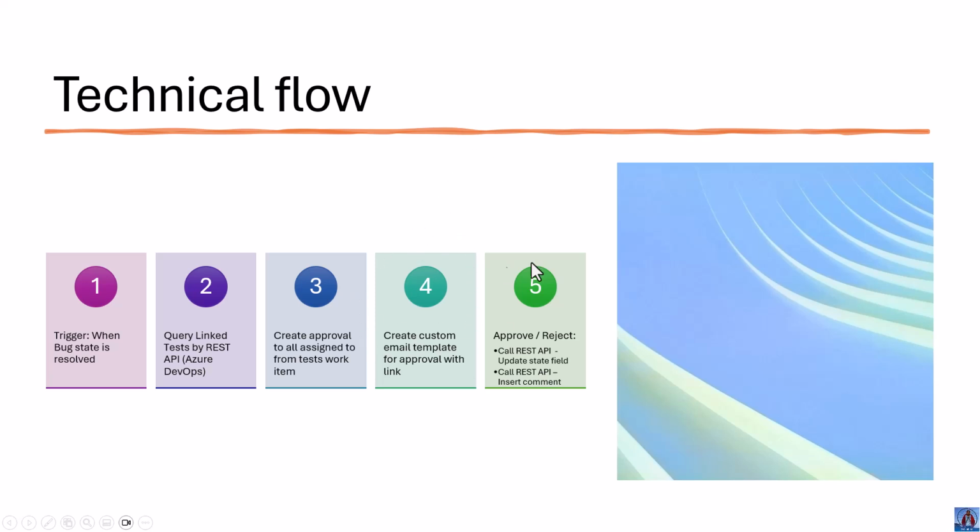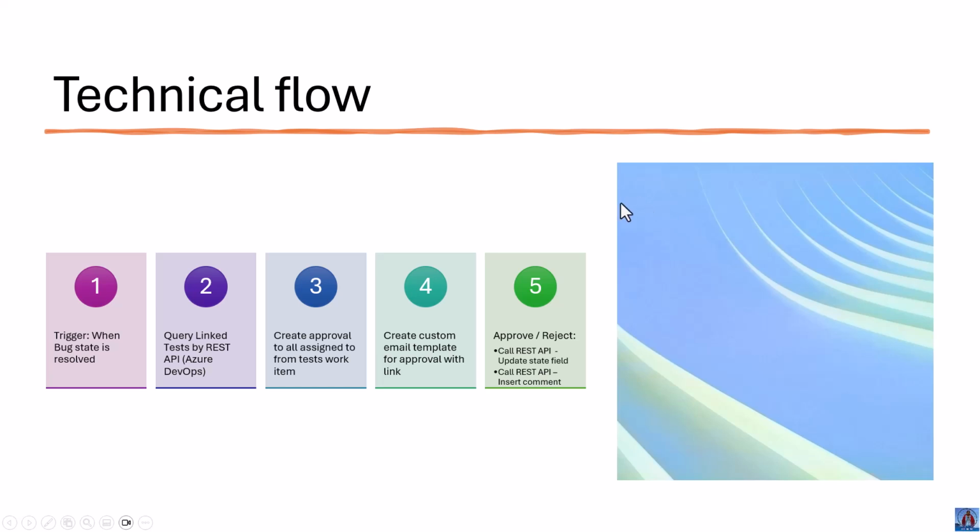They can approve or reject based on the outcome. A custom email is sent to the original owner of the bug, saying whether it is approved or rejected, and the work item is also updated with the relevant status using the REST API. Again, we are using the REST API to update the state, and also a separate REST API to update the comment. So this is the technical flow.